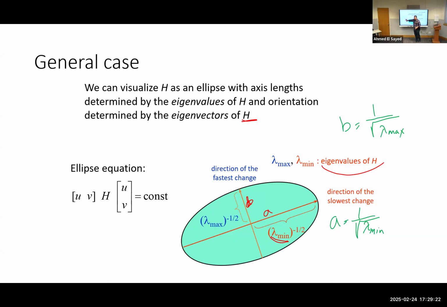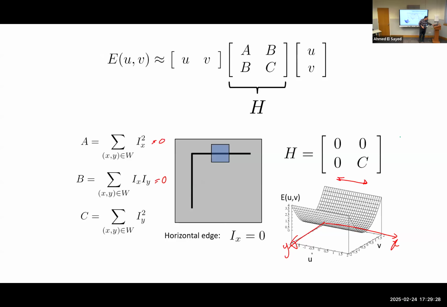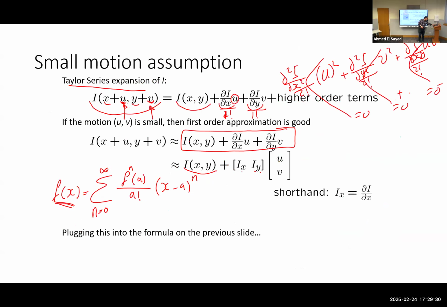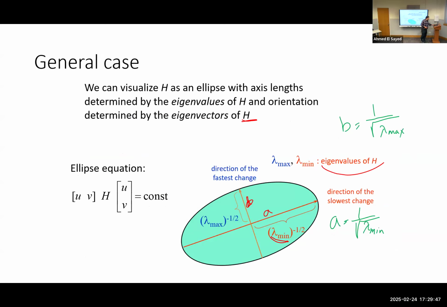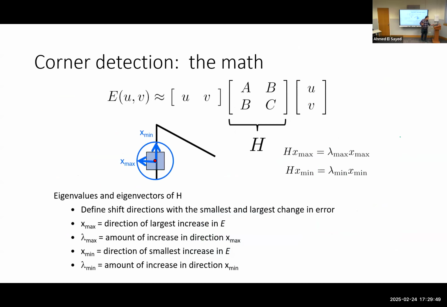So from this concept, I can determine if this point is a corner or not. So I don't need to do a shift. This shifting process is useless for me right now. All I need to do is to find the H value and solve for the eigenvalues. Once I solve for the eigenvalues, I can easily determine if it's a corner or not.